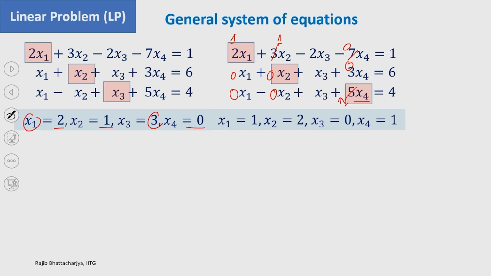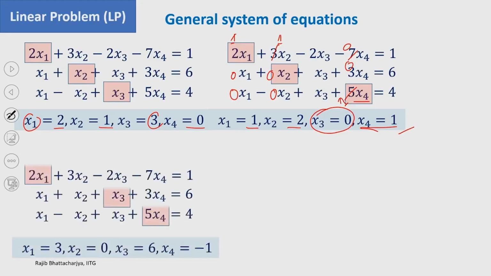So, I can do that and finally, what solution am I getting? x1 equal to 1, x2 equal to 2, x3 is a non-basic variable, so that is 0, and x4 equal to 1. So, this is another solution. So, this is the first solution where x1, x2, x3 are basic variables and for the second case, if I consider x1, x2 and x4 as basic variables, then I am getting another solution.